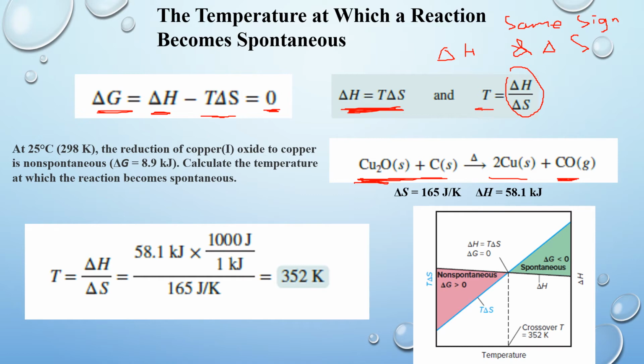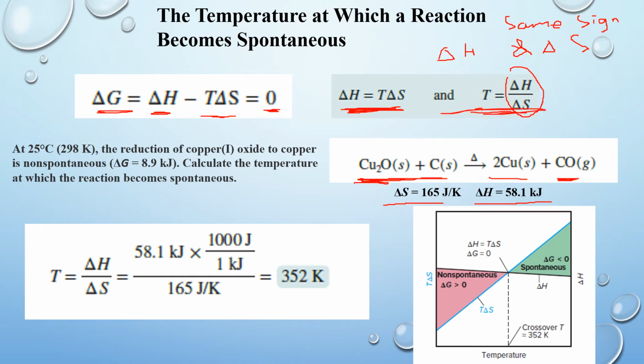We want to know at what temperature this reaction becomes spontaneous. The delta S is given, delta H is given, and they're both greater than 0, so they have the same sign, and we have to use this equation.